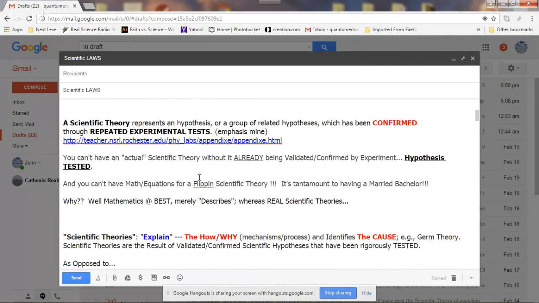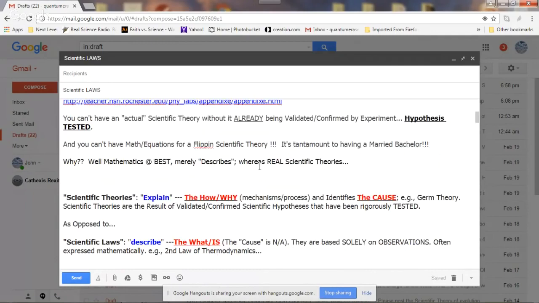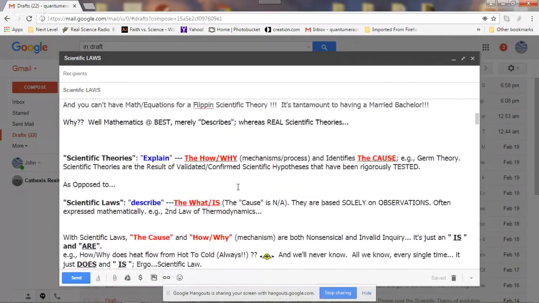And you can't have math or equations for a scientific theory. It's tantamount to having married a bachelor. Why? Because mathematics at best merely describes, whereas real scientific theories explain the how and the why. In fact, there's two tenets that I would say in every scientific theory.